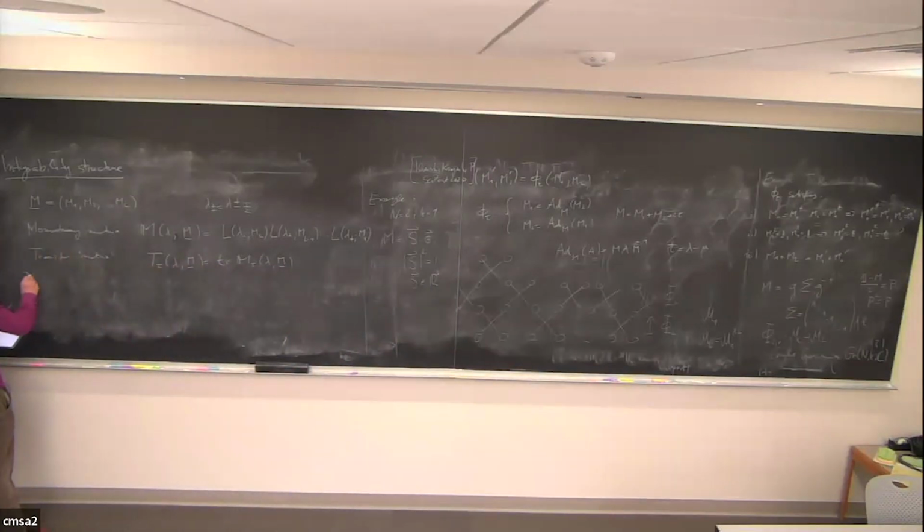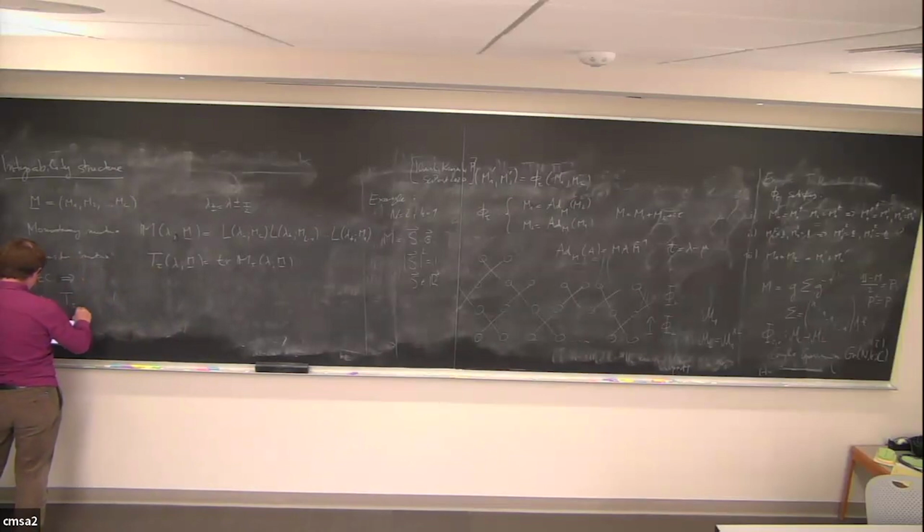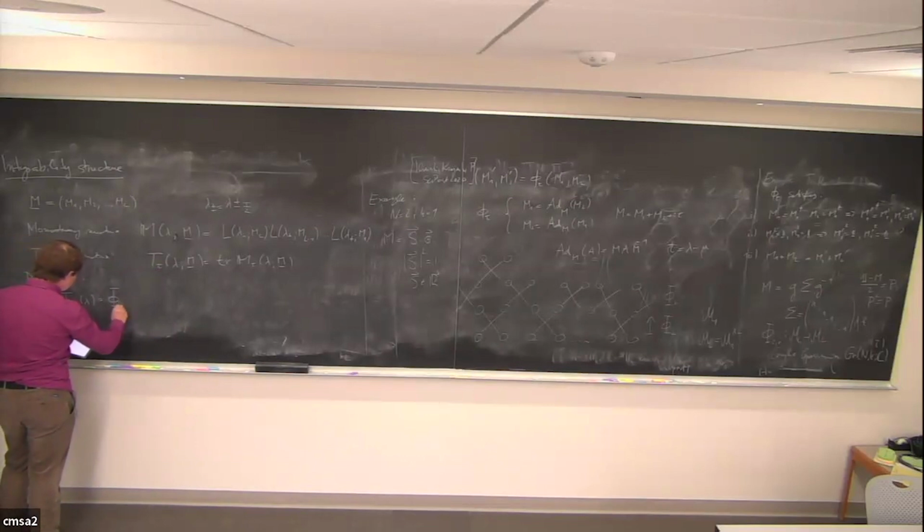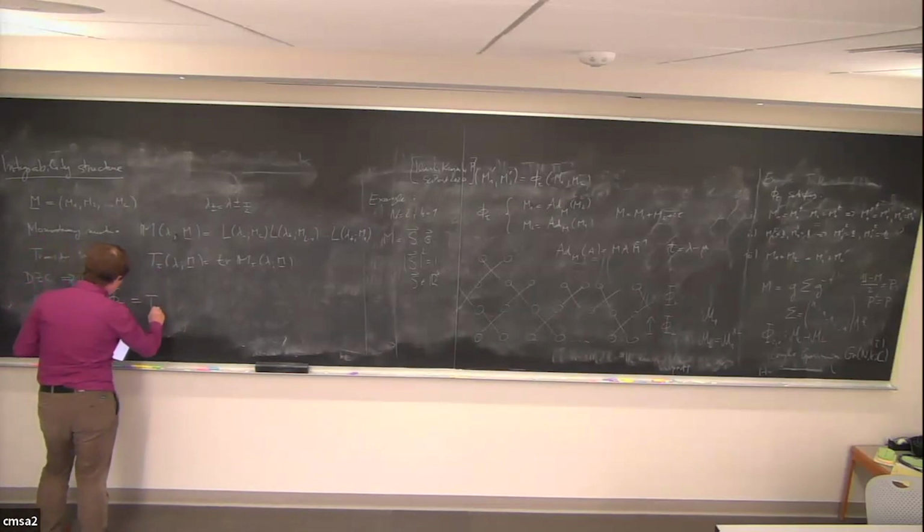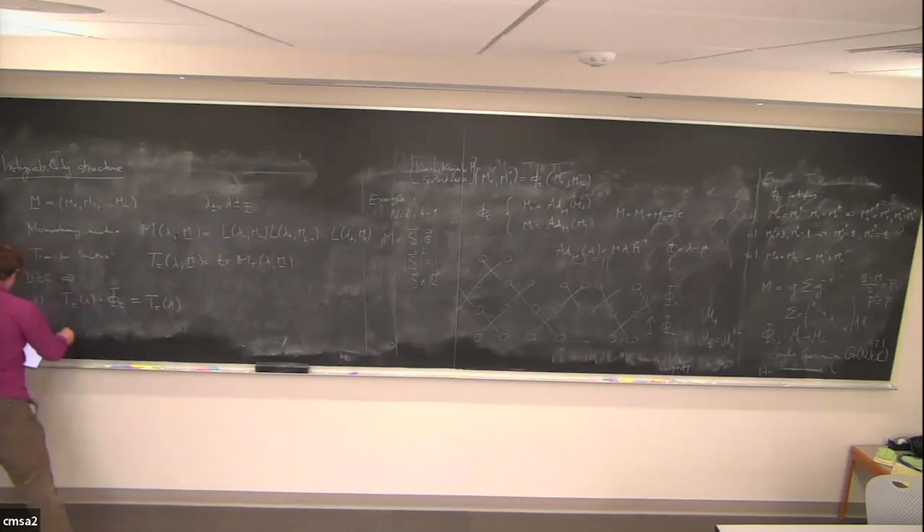The discrete zero curvature condition implies that this transfer matrix is conserved. Well, transfer map, it's a map, right? It's not a matrix. So if you compose it with one time step of the time evolution, you get the same thing back.